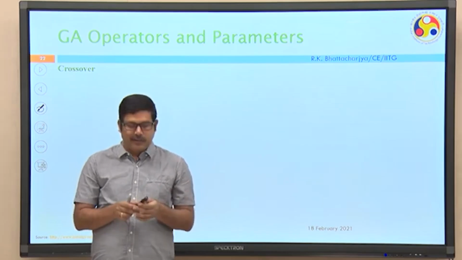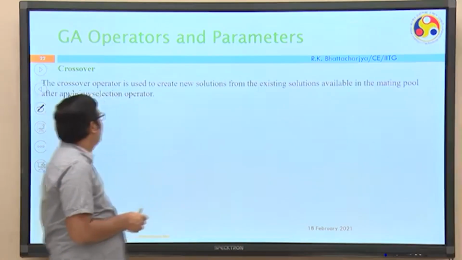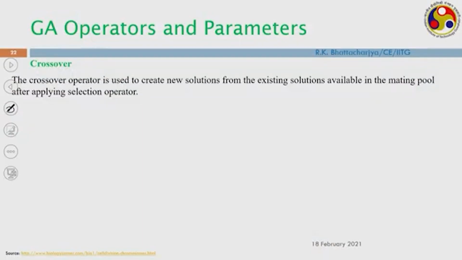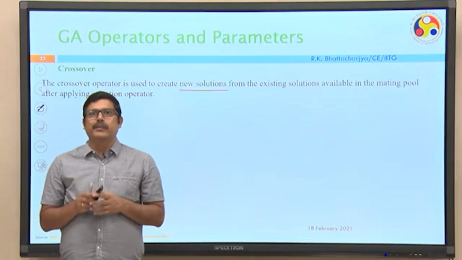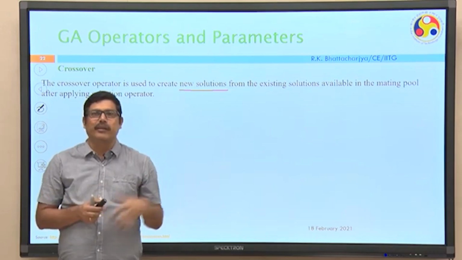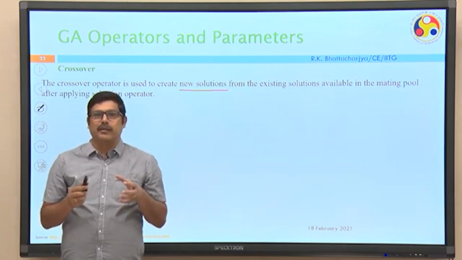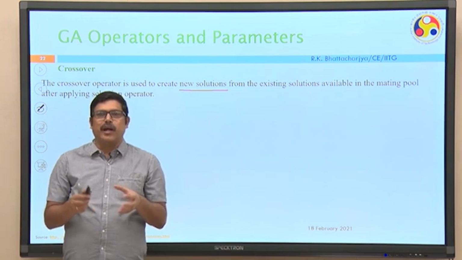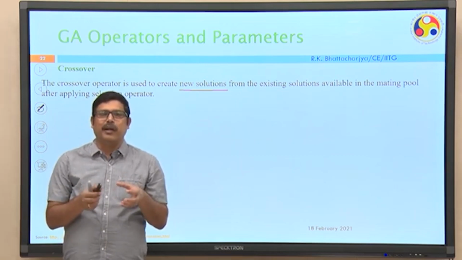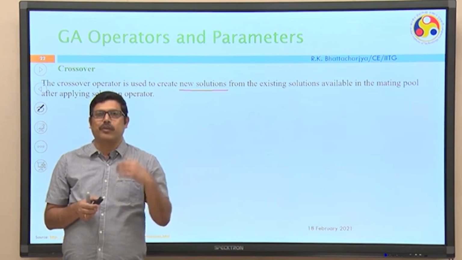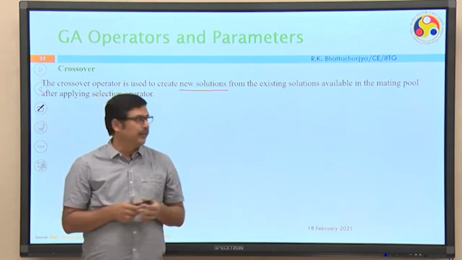So, I will explain the crossover operator now. As I said, the crossover operator is used to create new solutions from the existing solutions available in the mating pool after applying the selection operator. What is the mating pool? The mating pool is whatever solutions you get after applying the selection operator, and we can apply the crossover operator on those solutions.